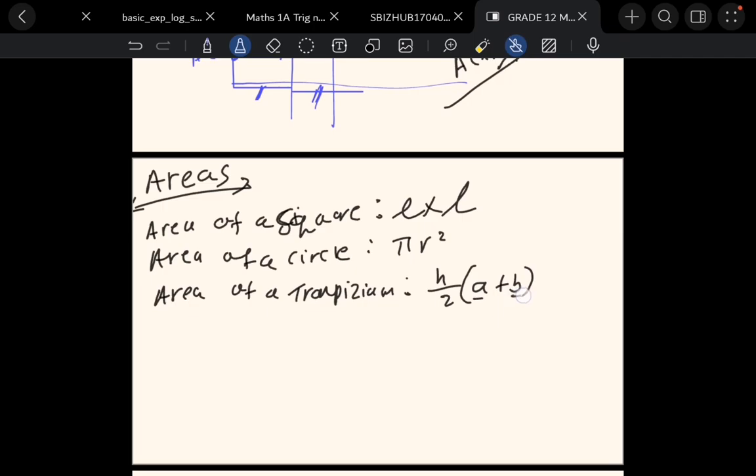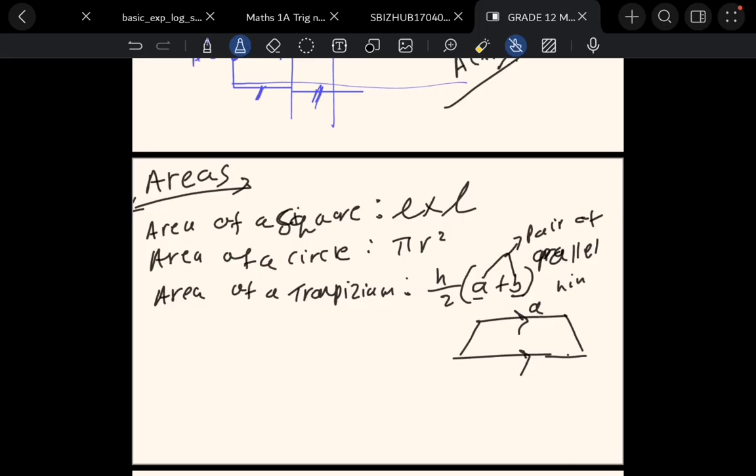Now these two are a pair of parallel lines. Now do you see what a trapezium is? That is a trapezium, something like this. There's only one pair of parallel sides, this side and that side.